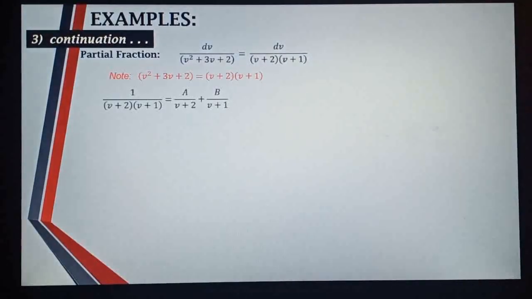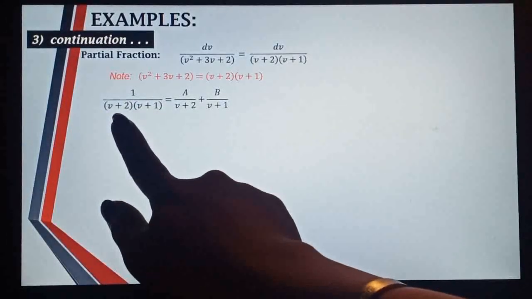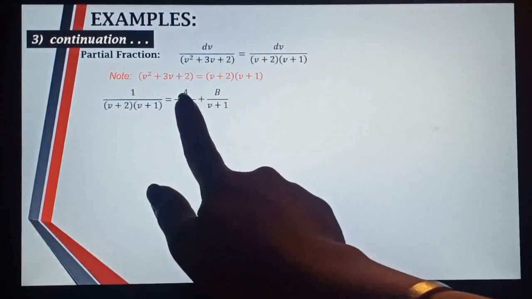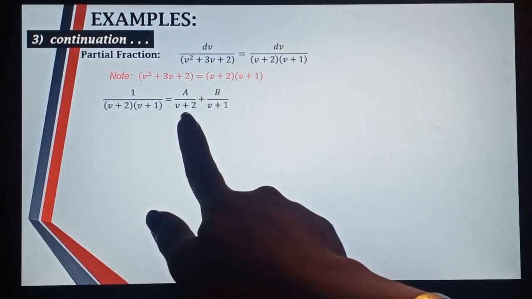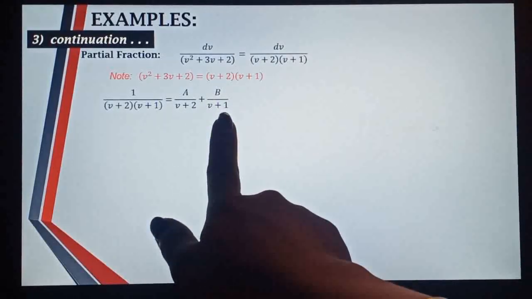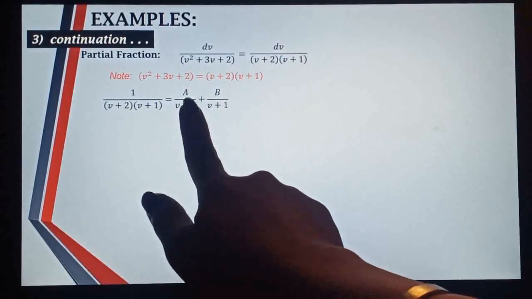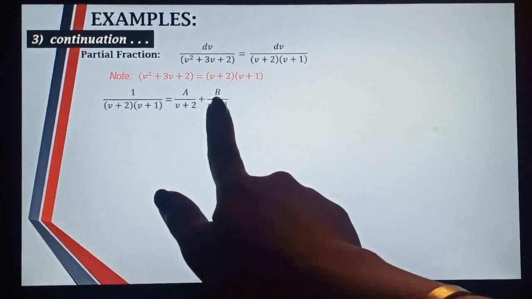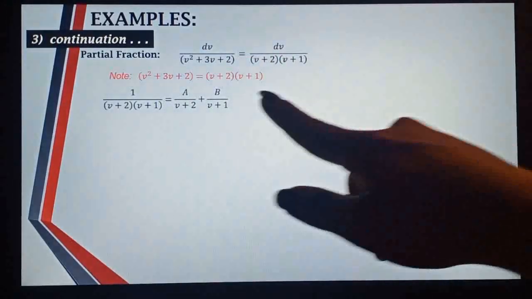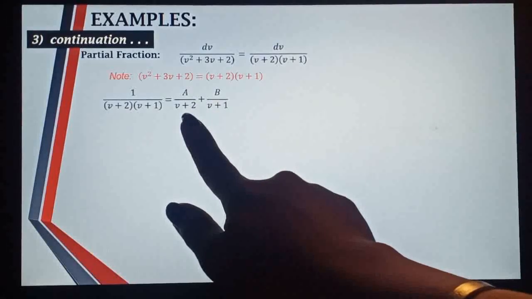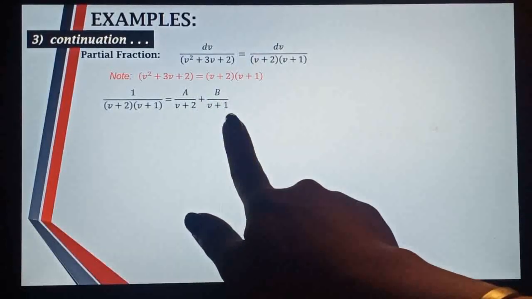So paghihiwalayin natin ngayon yung v plus 2 and v plus 1 into a over v plus 2 plus b over v plus 1. So you will need to find the values of a and b para magamit natin yung a over v plus 2 plus b over v plus 1.